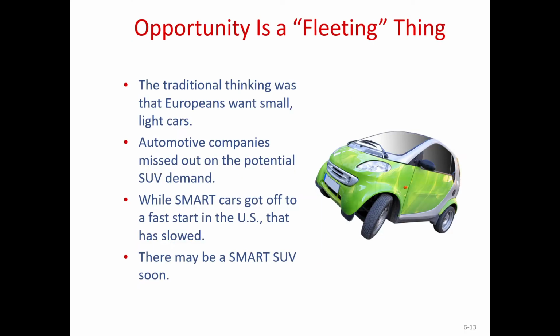Another example is about opportunity, which is a fleeting thing. Non-European automotive companies missed out on European opportunities, while Europe represents a nearly 15 million unit annual market for new automobiles. Traditionally the thinking is that Europeans prefer smaller or lighter cars. So European car companies like BMW and Audi were slow to enter the SUV market.